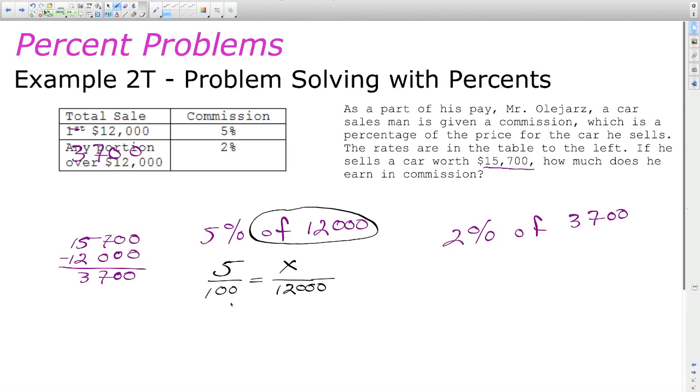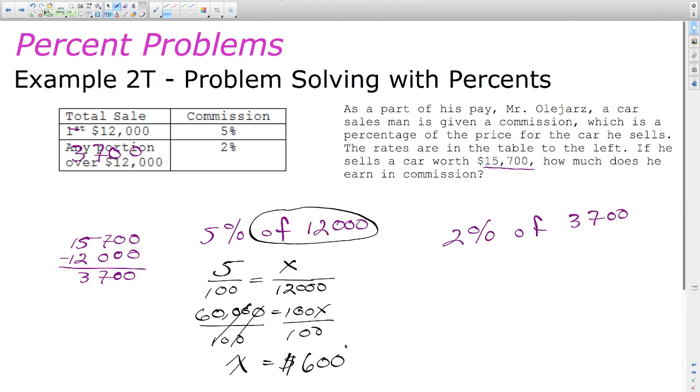So that's why we have the x in the place of the part, or the is. So when we solve this proportion, 12,000 times 5 is 60,000. 100 times x is 100x. Divide each side by 100. Cancel off two zeros really to do that. x is equal to $600.